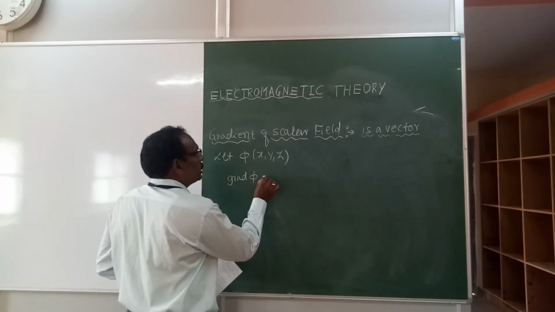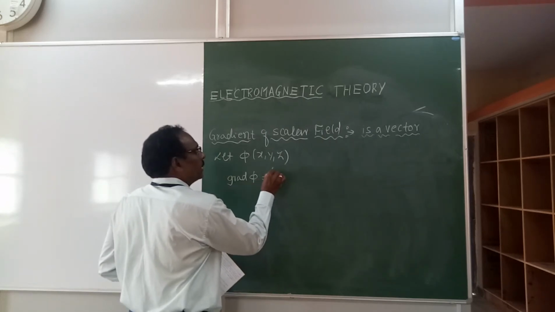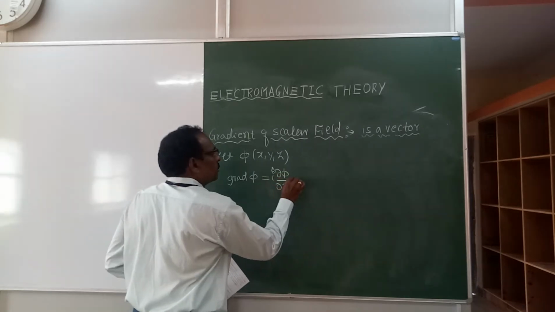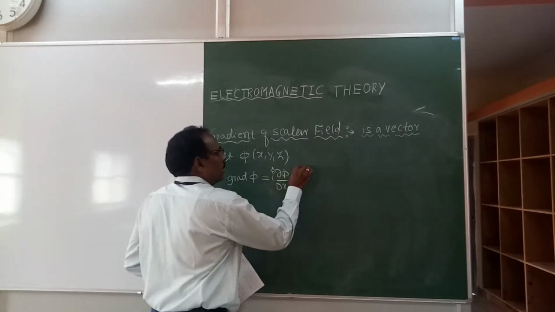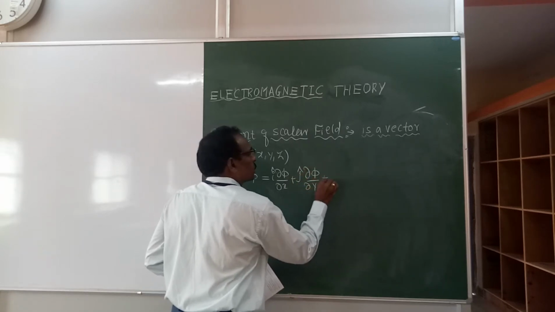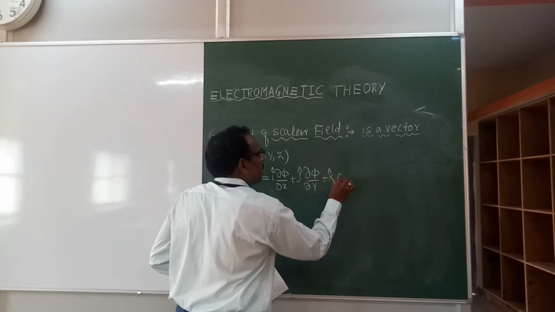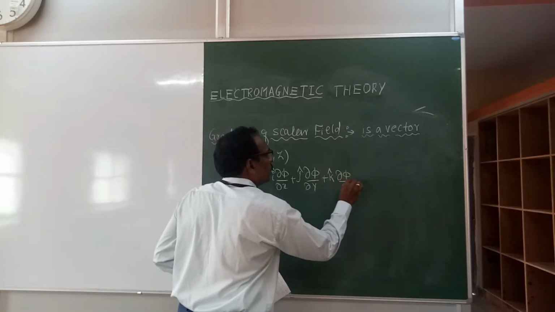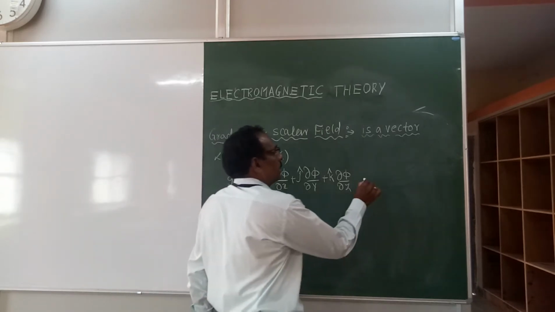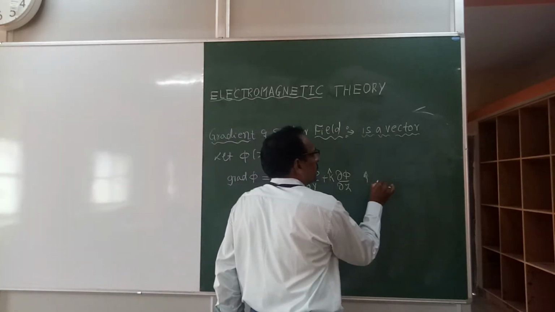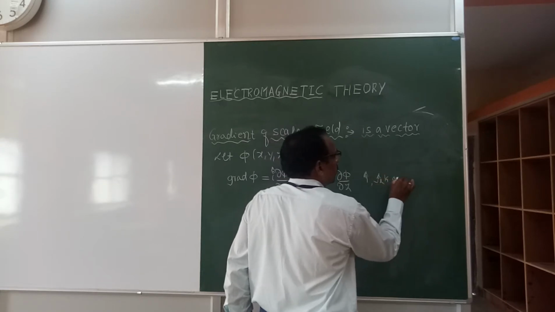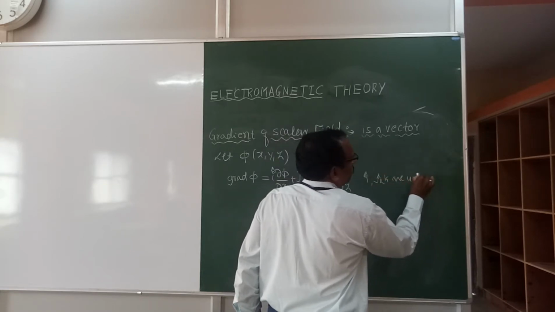Grad phi is equal to i, a unit vector, dou phi by dou x, plus j, a unit vector, dou phi by dou y, plus a unit vector k, dou phi by dou z, where i, j, and k are unit vectors.